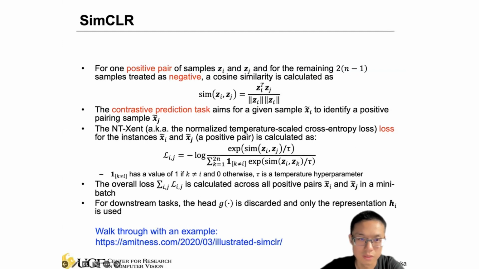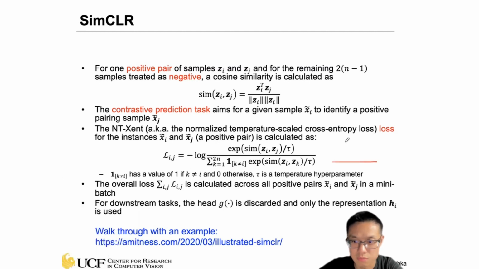And so the contrastive prediction task: the positive pair should be close to each other, and the negative pair should be far away from each other. If you look at this, called the NT-Xent, normalized temperature-scaled cross entropy loss, we want to minimize this negative log loss here.